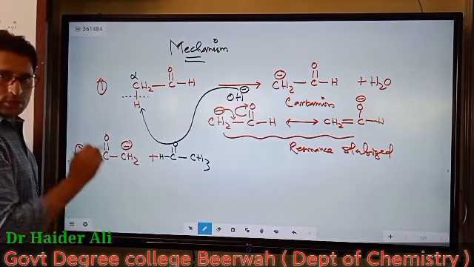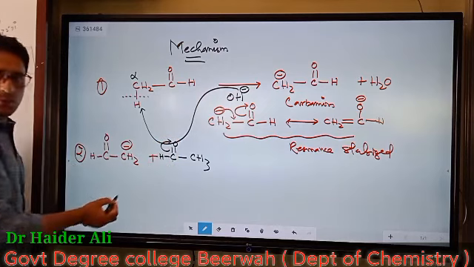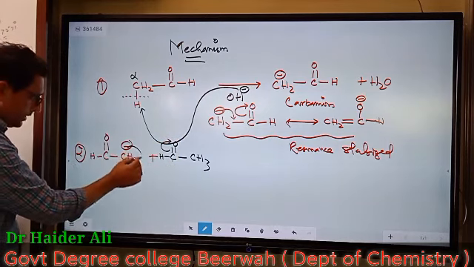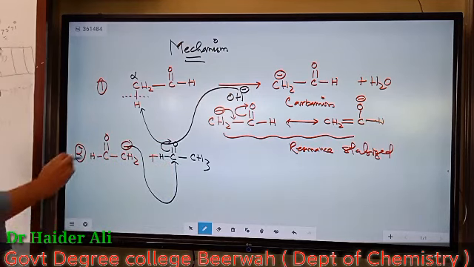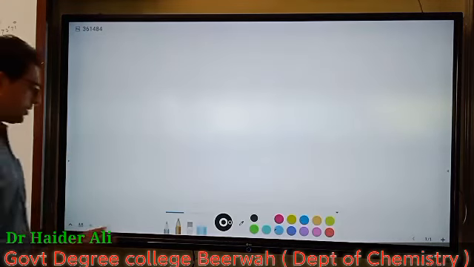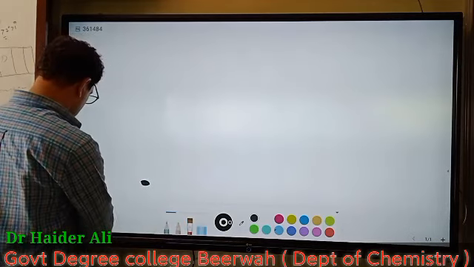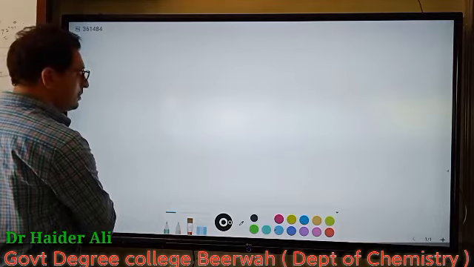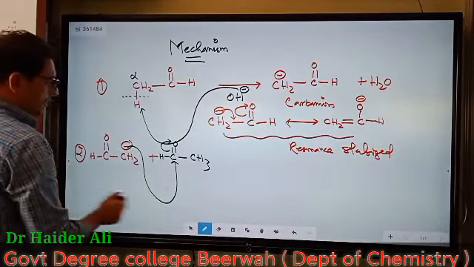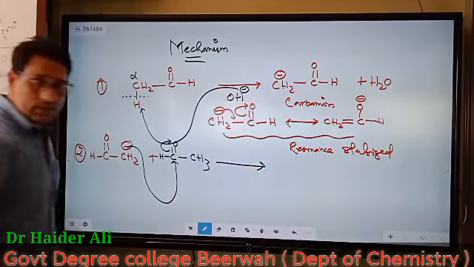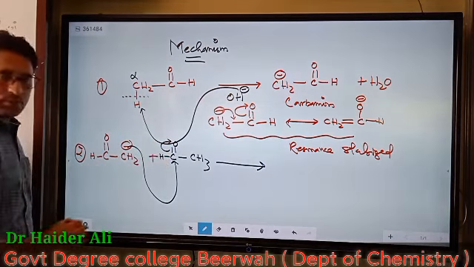So what will happen in next step? Since there is C double bond O, this is polar bond. इसके pi electrons ऊपर जाएंगे O की तरफ, oxygen की तरफ. This carbon will get positive charge. At the same time, this carbon bearing negative charge will attack this carbon. Fine? There will be carbon-carbon bond formation. Fine? So what you will get? After the movement of these pi electrons to this oxygen, this carbon will get positive charge.